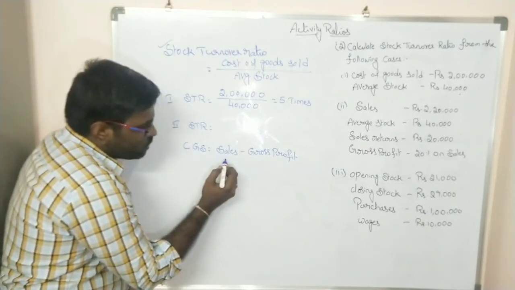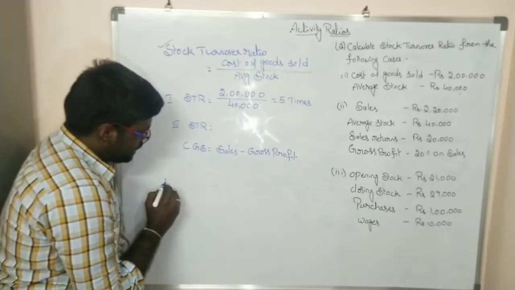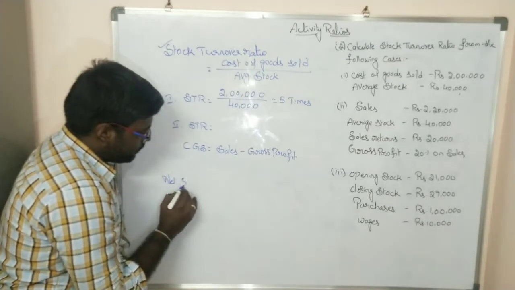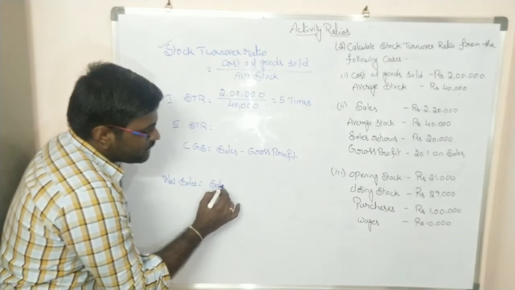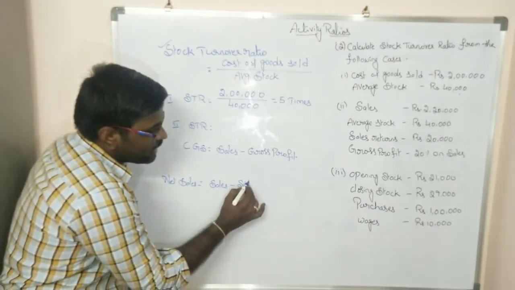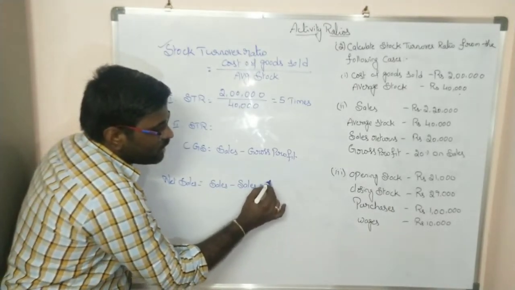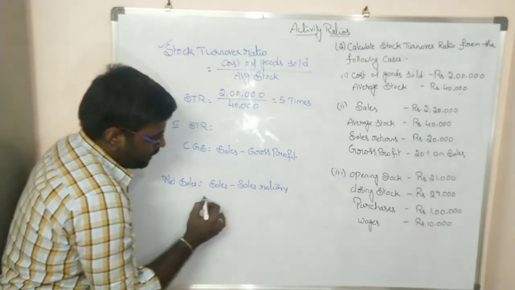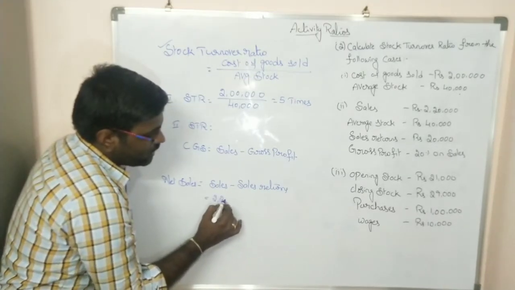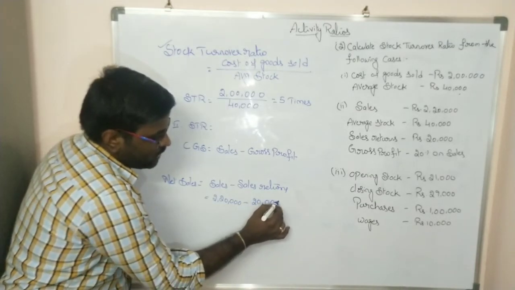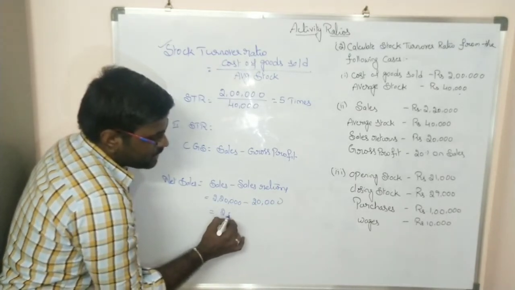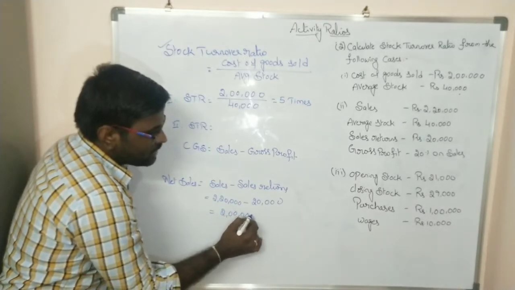So first you should calculate the net sales value. Net sales is equal to total sales minus sales returns. So sales is 2,20,000 minus sales returns of 20,000. Now you will get 2 lakhs as the total net sales amount.